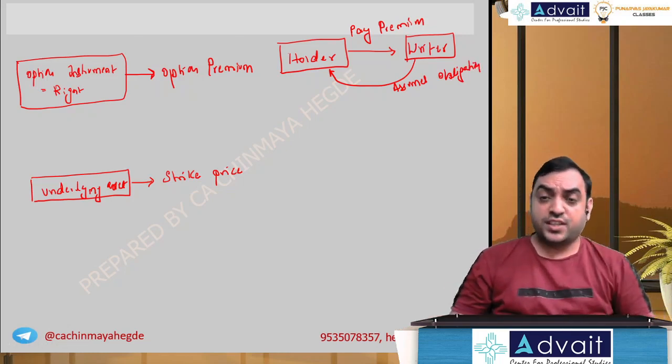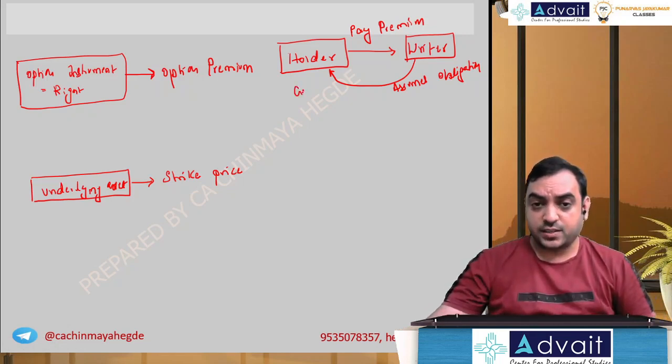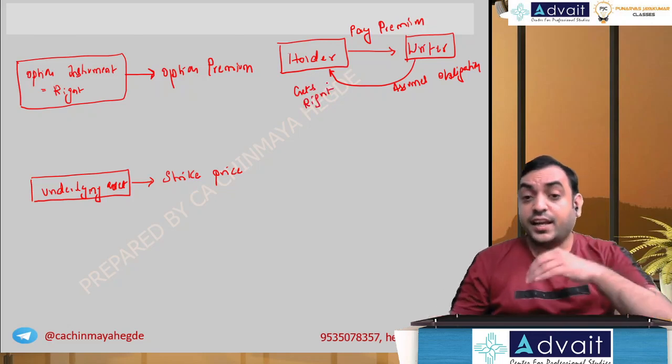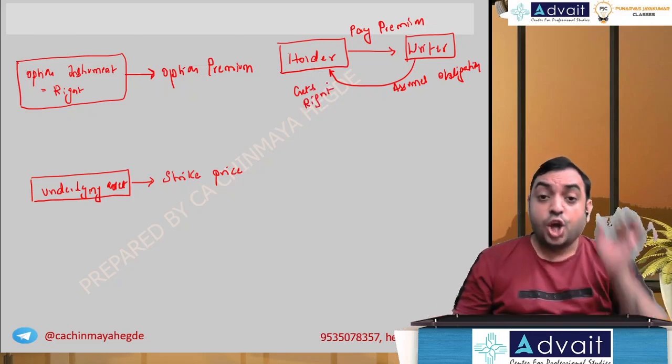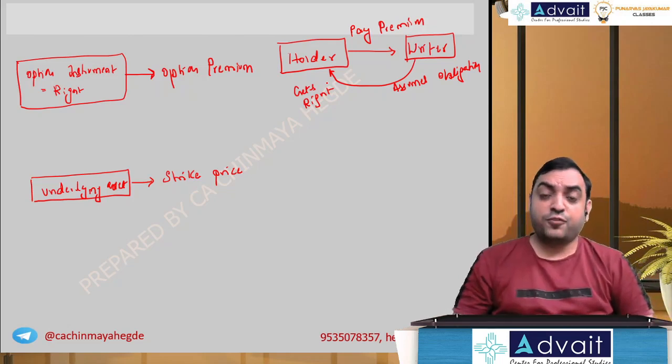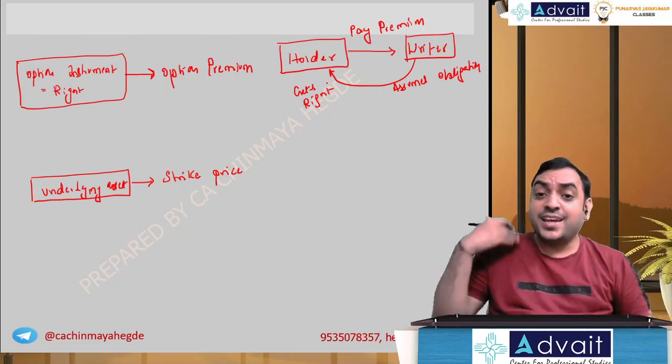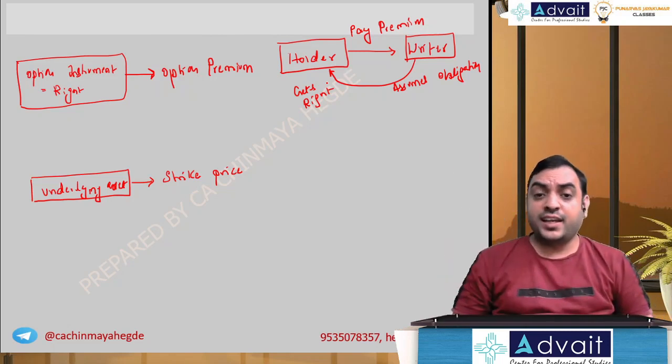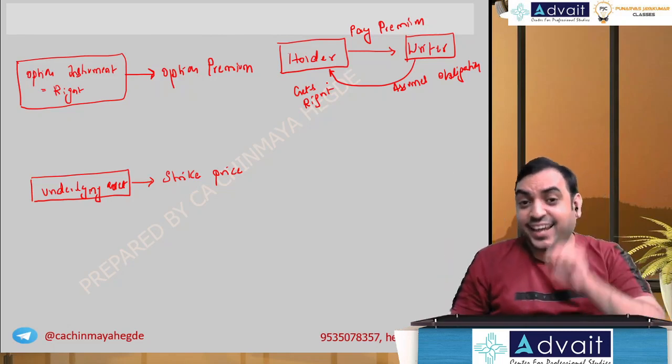Now, what right do you purchase? You pay the premium, you get the rights. The holder gets the right, gets the option. The holder gets the right, the writer assumes obligation. What is the obligation? What right do you get? Listen to me carefully. As the holder, I make a payment of premium to the writer and I get the rights.